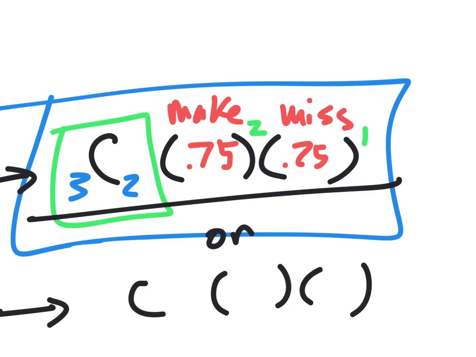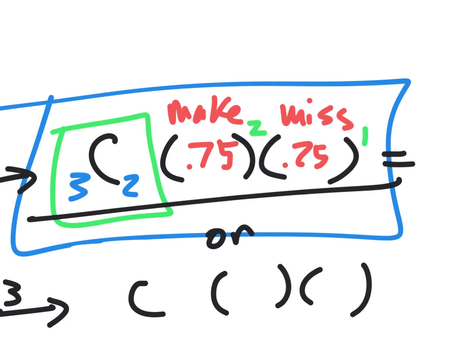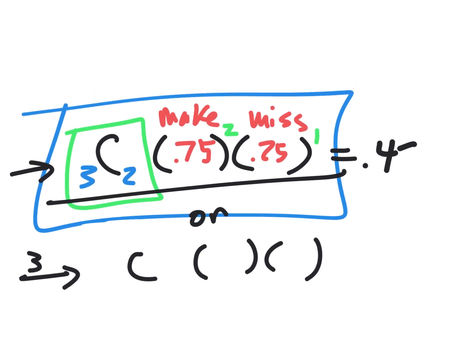Now figure out the probability of 3. Do it, and then get your decimals for each and add them together. We already figured out this one's 0.42. Don't do that one again. Figure out the probability you make 3 now, and then add them together.